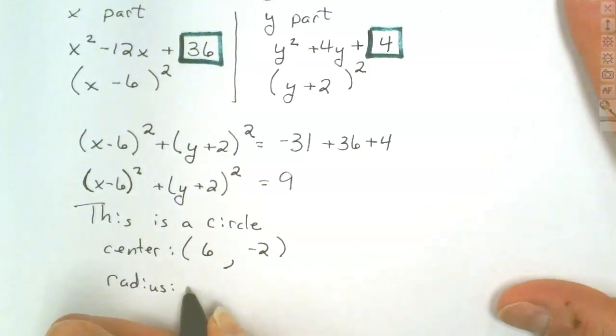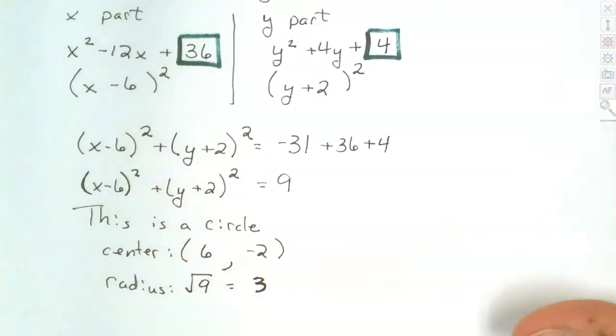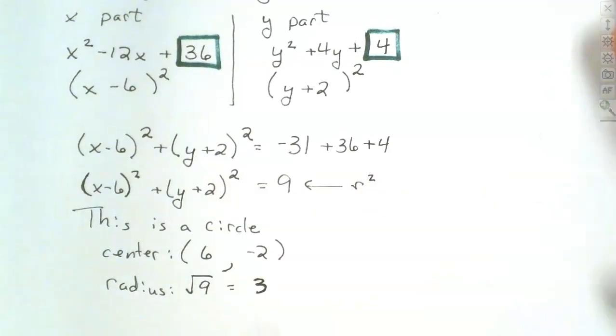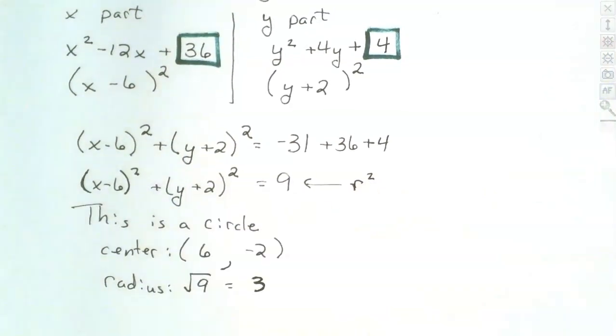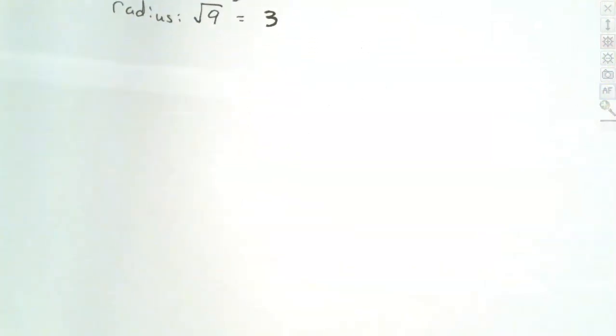My radius would be what? Yep, square root of 9, which is 3. Yep. Remember, because this right here is r squared. So we want to get our radius, and how do we get that? We just take the square root. So our center would be at 6, negative 2, and our radius would be a 3. And this is a circle. And again, why is it a circle? Well, it's a circle because that 9 is a positive number.